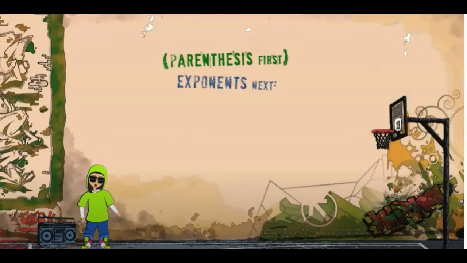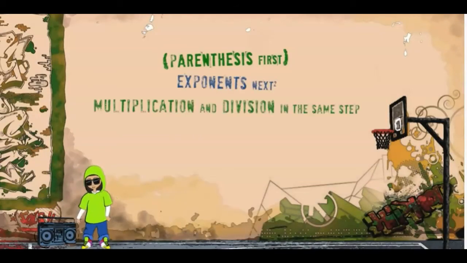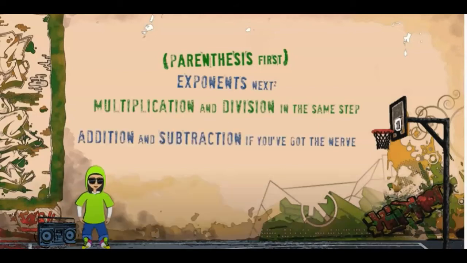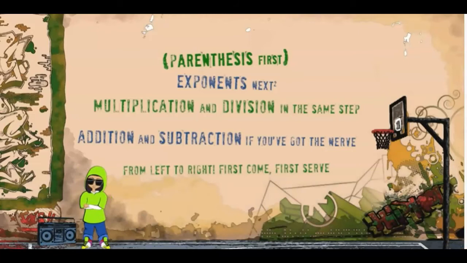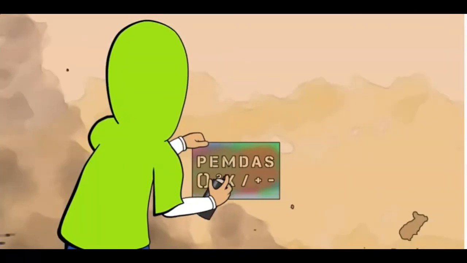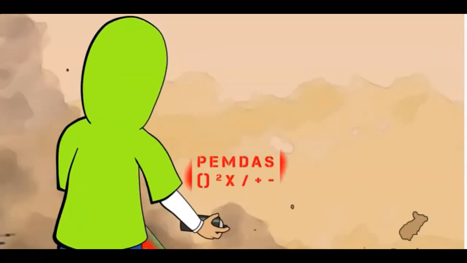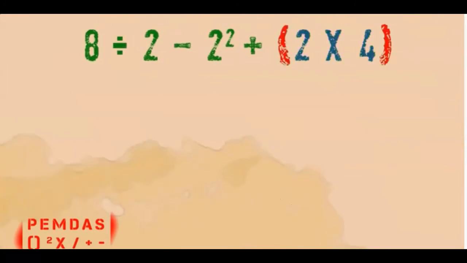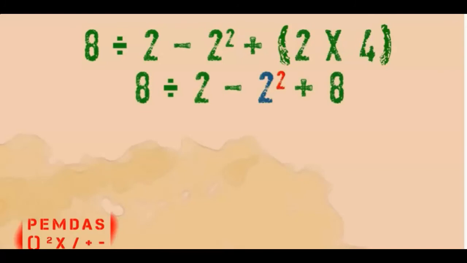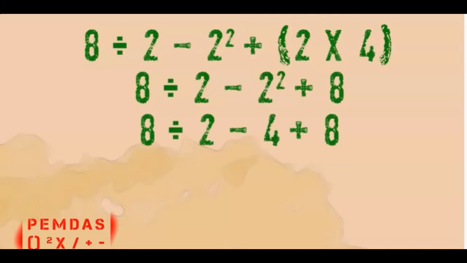Parentheses first, exponents next, multiplication and division in the same step. Addition and subtraction, if you got the nerve, from left to right, first come, first serve. Parentheses first, 2 times 4, the product's 8. Are you ready for more? Exponents next, 2 squared is 4. Let's move down like we did before. Time to divide or multiply.